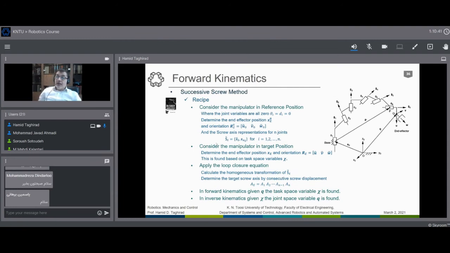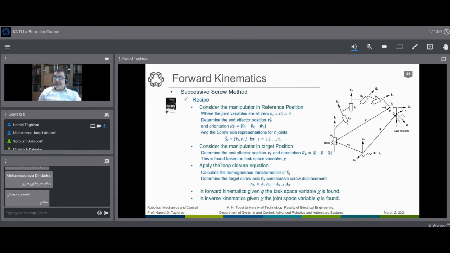Then we have a target position. A target position is a non-arbitrary one, something quite complicated in space, but since we don't use the internal one, we are just using the final end effector position, we give the most general form of the end effector that we can have there.